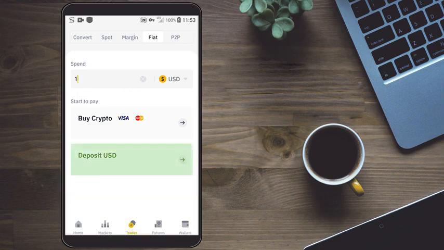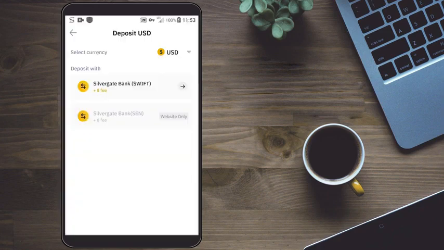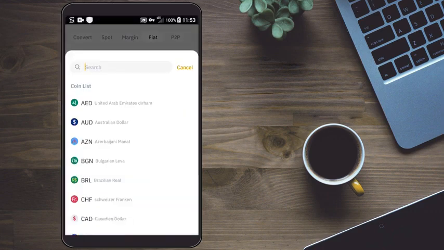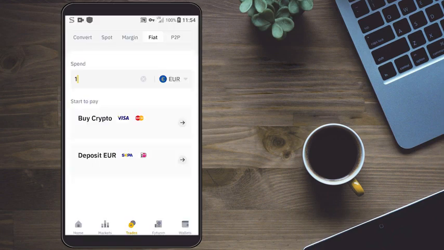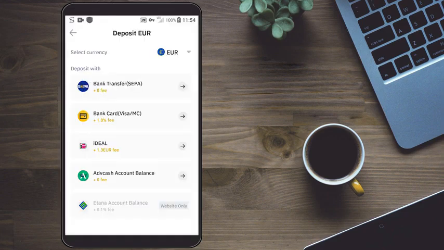Or here you can deposit USD by SWIFT bank transfer and also SEPA bank transfer. Or for example, let's choose Euro. You can see that besides Visa and MasterCard, we have more depositing methods here, as you can see. Let's get back to the previous page.